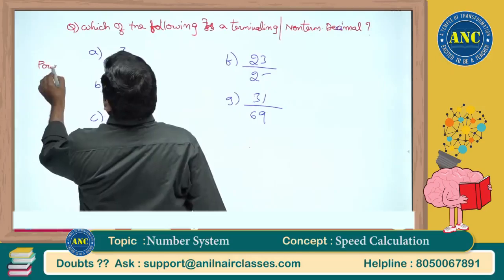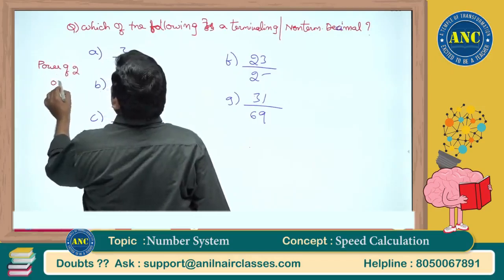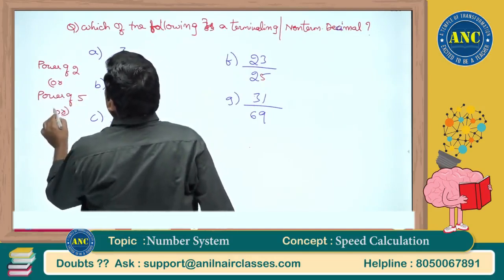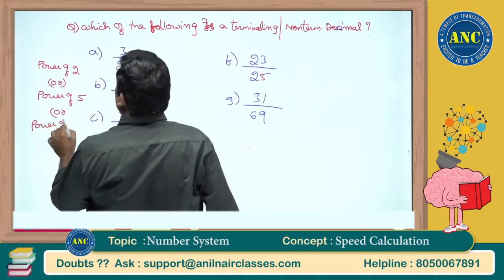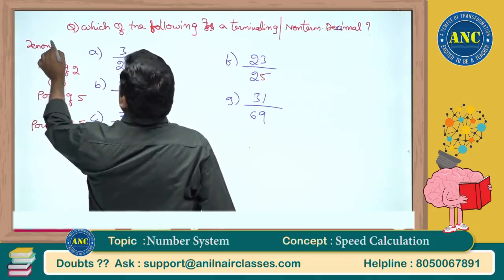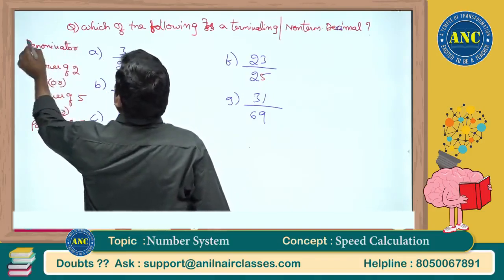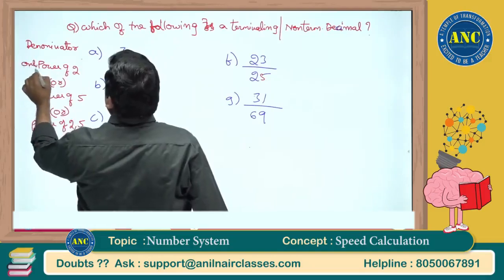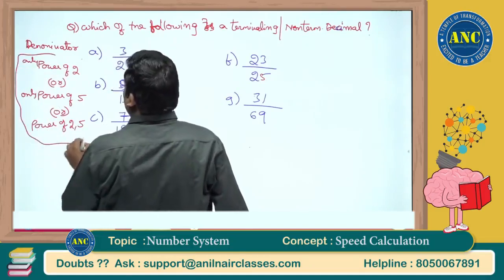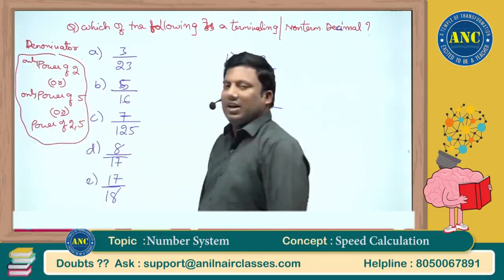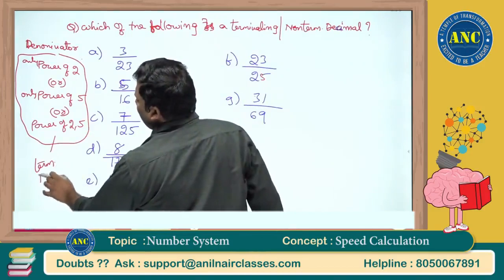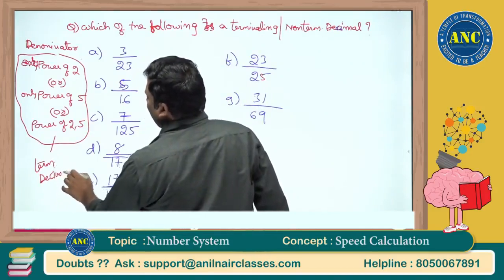If the denominator is only a power of 2 or only a power of 5 or only powers of 2 and 5, then only it will result in a terminating decimal. Now listen carefully.